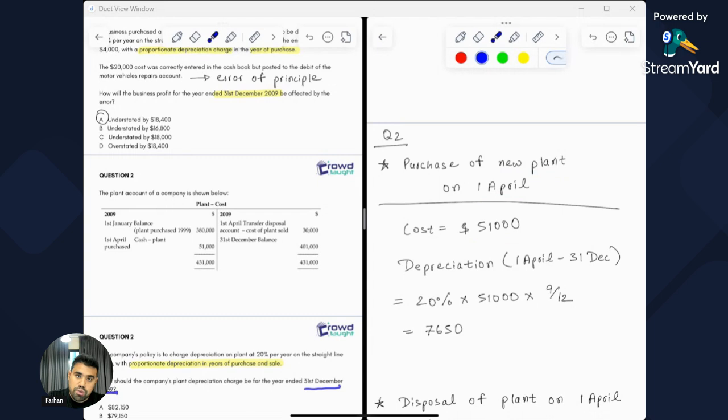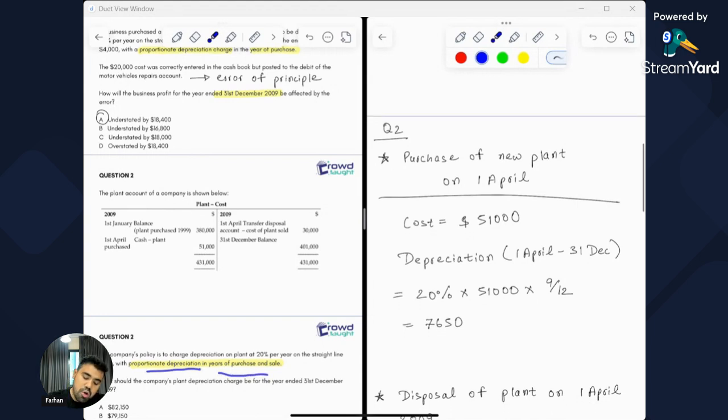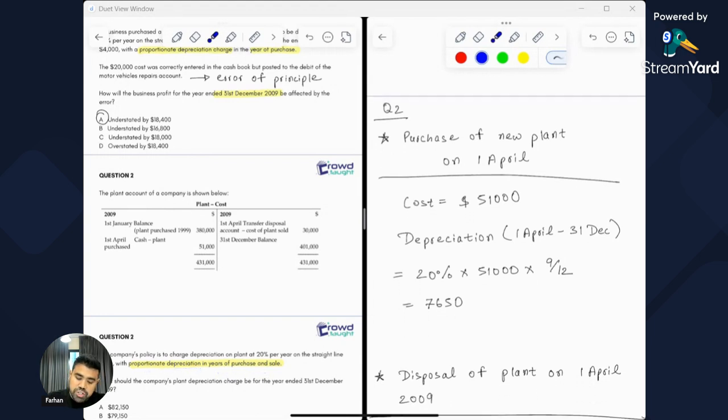And the question also explicitly mentions that we are to apply proportionate depreciation in the years of purchase and sale. All right, so if I want to find the depreciation for this new plant that we have purchased, we know that this plant has been bought on 1 April. Therefore, the depreciation that we will calculate is from 1 April until the end of 31st of December 2009.